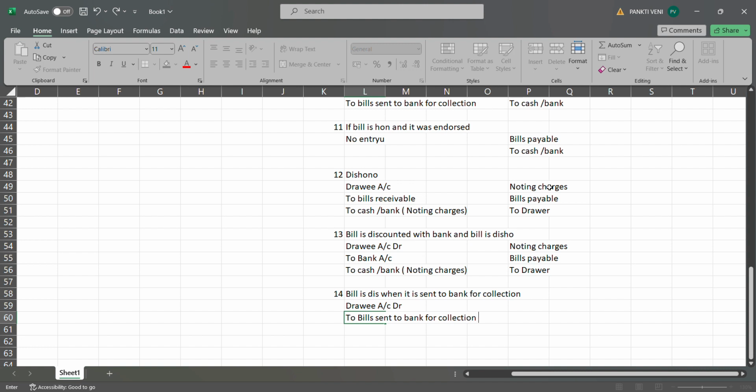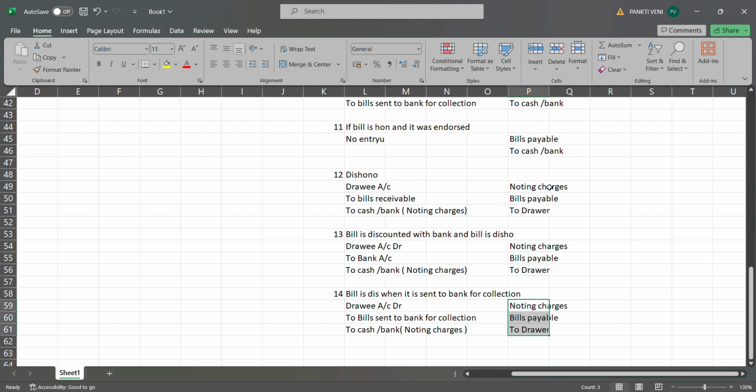Earlier I had made the opposite entry. To cash or bank, I'll have to pay the noting charges to the bank, which I'll collect from my drawee. Here again the same entry.